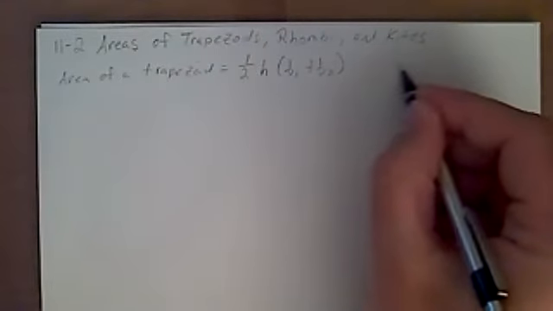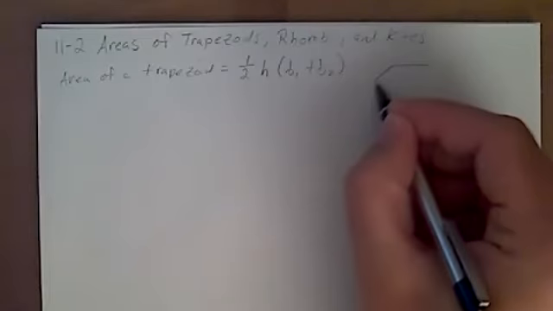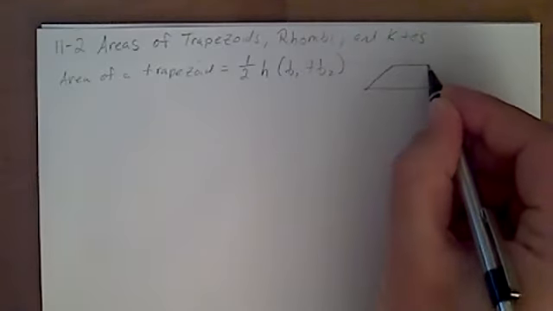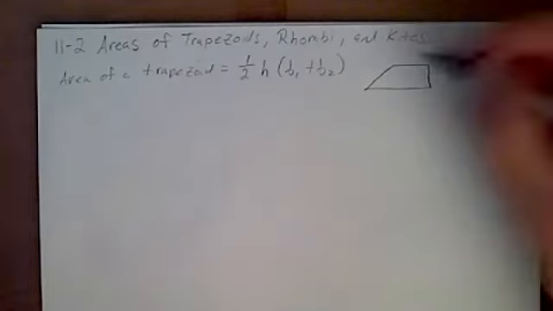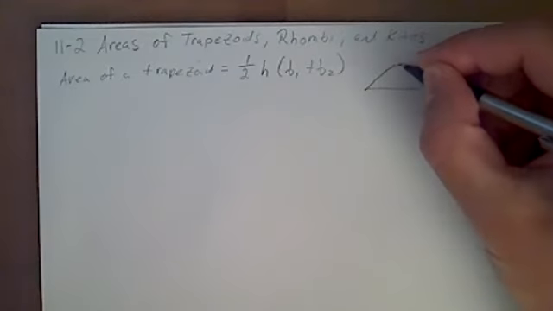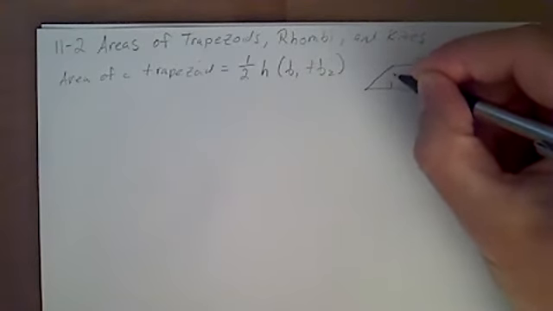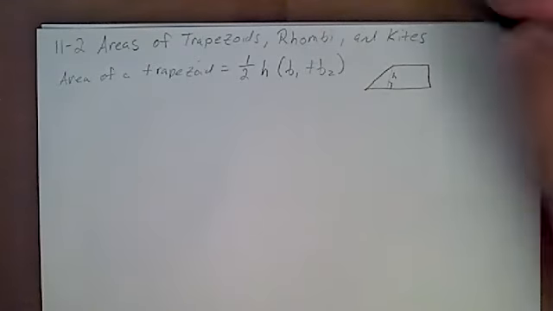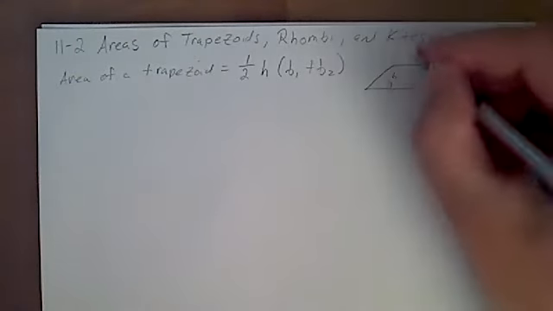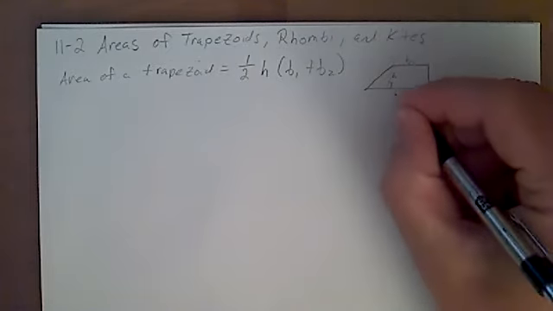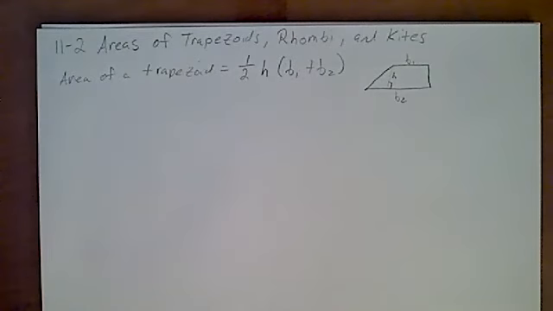So if we have our trapezoid, it does not have to be an isosceles trapezoid, it can be any trapezoid. The height is just going to be from any point straight down. And the bases are the parallel sides again, right? So we have base 1, base 2.